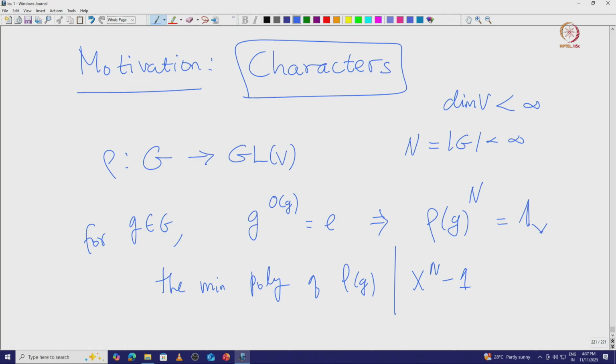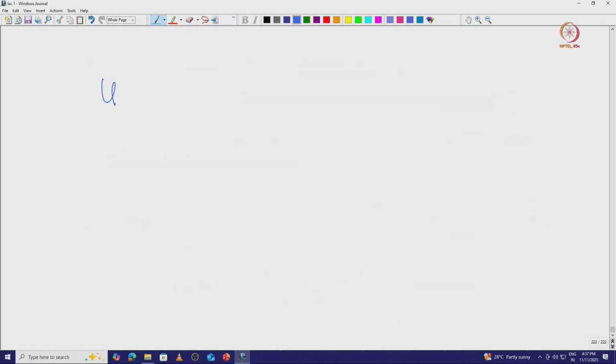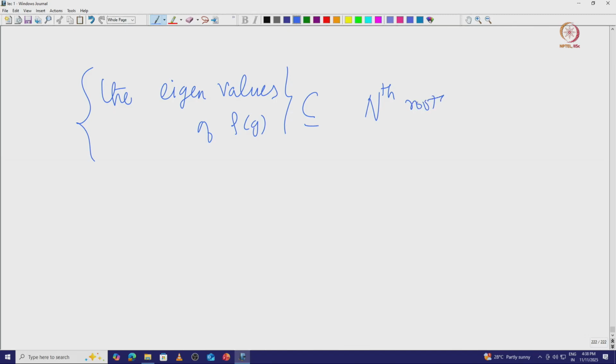In particular, the eigenvalues of this rho of g all live inside the nth roots of unity. But what is important for us is that rho of g is diagonalizable.